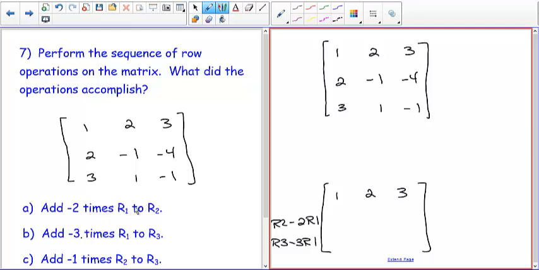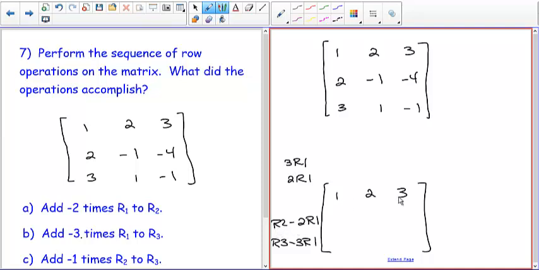It's either R2 plus negative 2 times R1, or negative 2 times R1 plus R2, or R2 minus 2 times R1. This is the one I'm going to use. And then what I'll do is I'll do 2R1 here, and I'll do 3R1 here, and then we'll do each one of those separately. So this is 3 times R1.